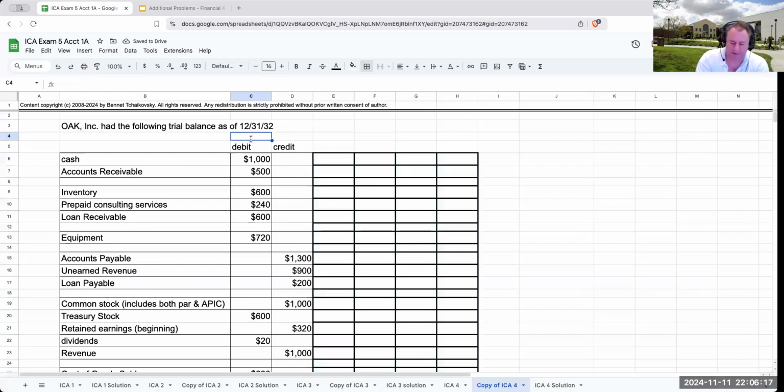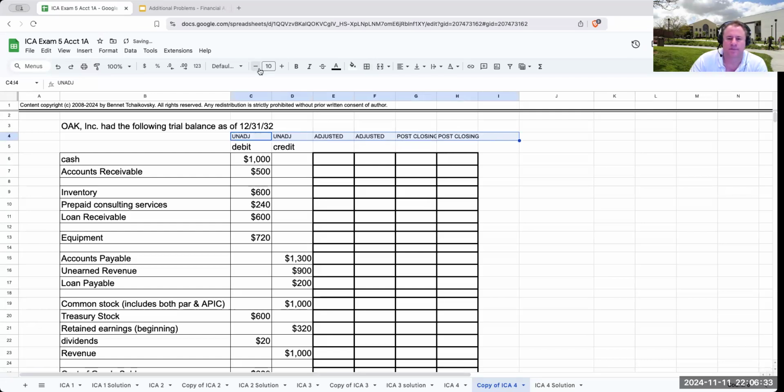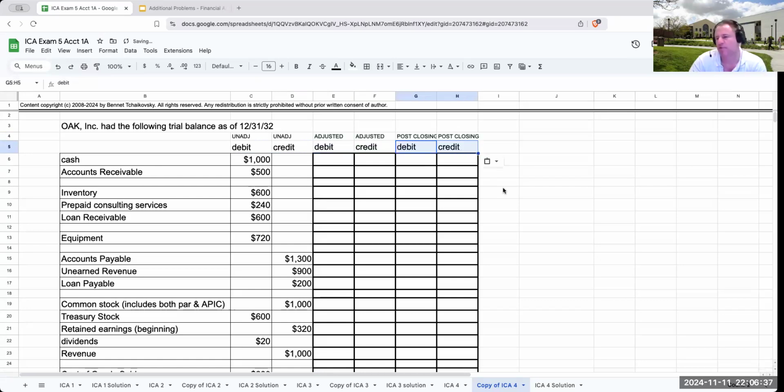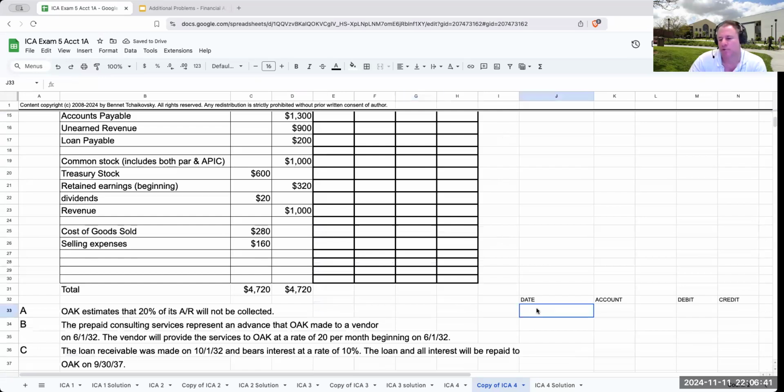And we'll call this unadjusted. So right over here, make this a little bit smaller. Again, not required for you to do. However, this is a way we can help ourselves out on the test or when preparing.